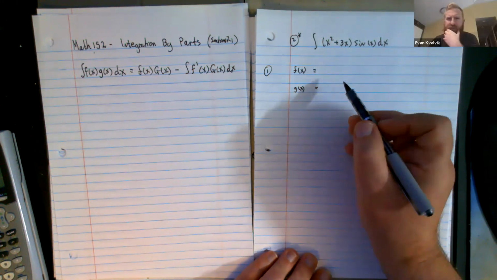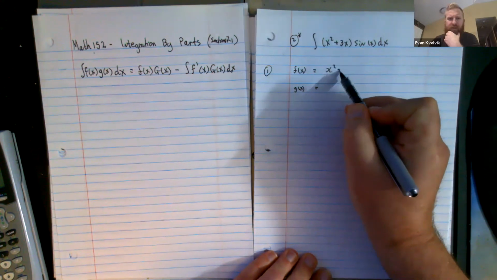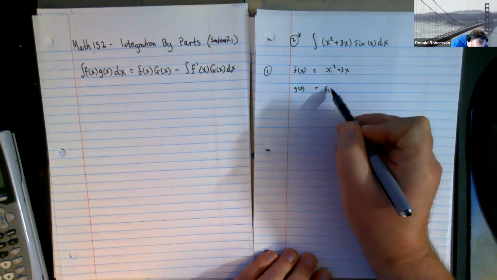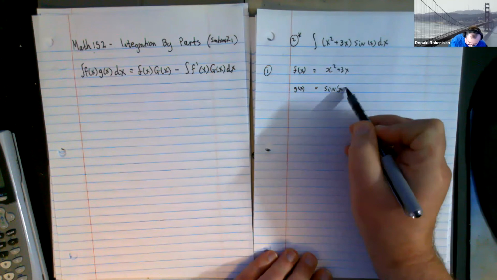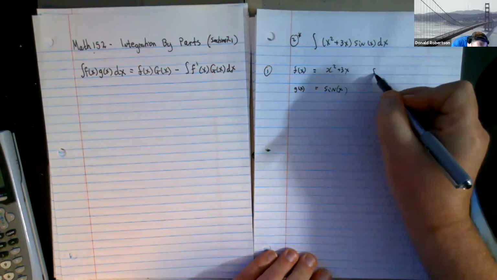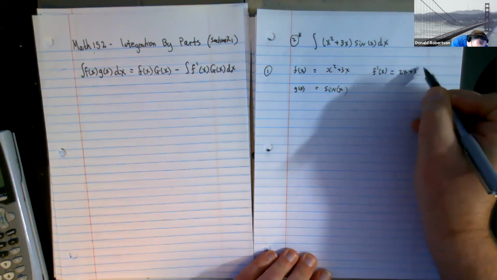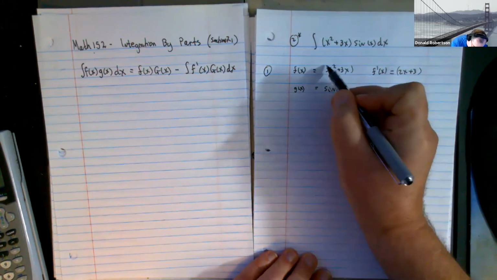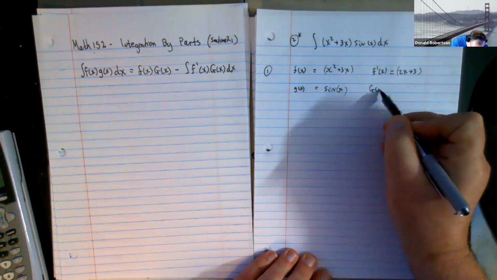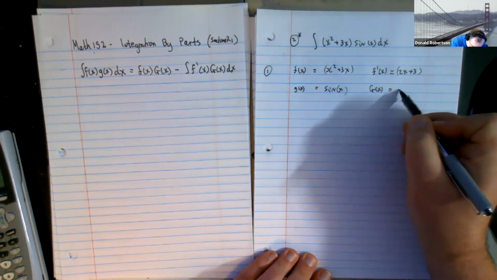X squared plus 3x. And obviously whatever the other piece is, our g. Now, if you differentiate this, you get 2x plus 3. And if you integrate, find the antiderivative, you get negative cosine x.